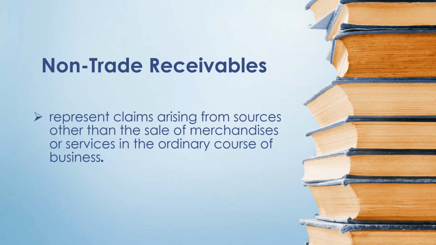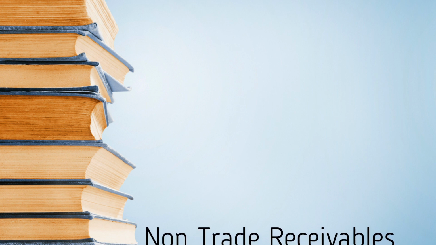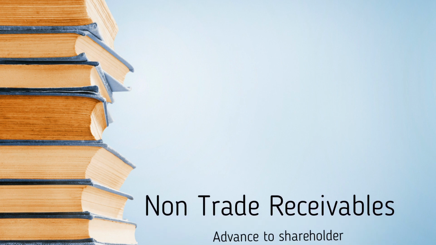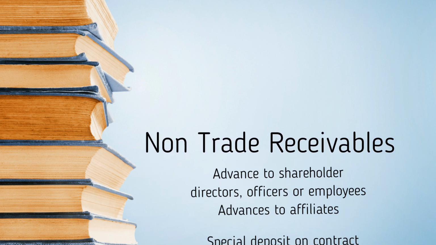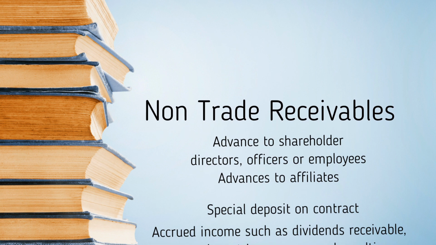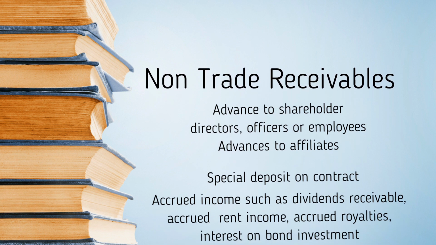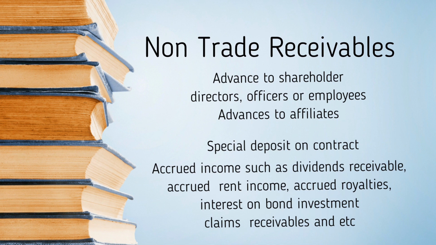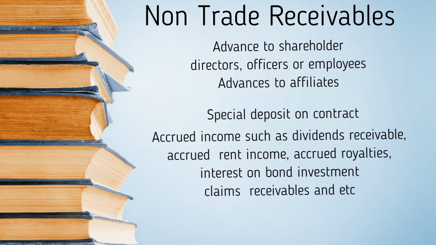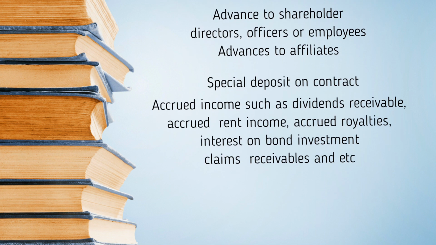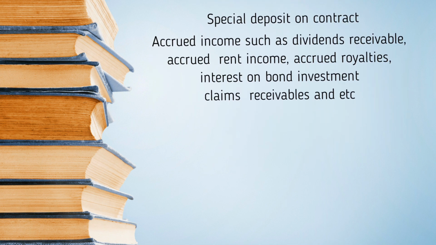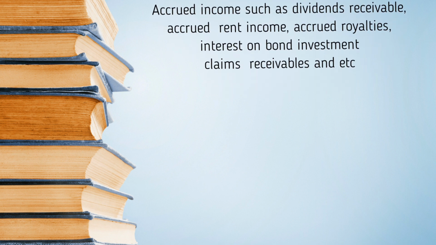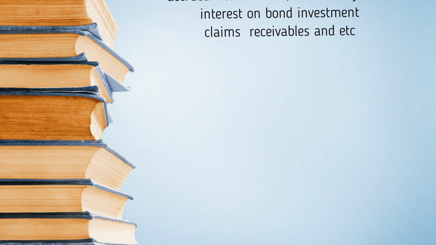A few examples of non-trade receivables are as follows: advances to shareholders, directors, officers, or employees, advances to affiliates, special deposits on contract, accrued income such as dividends receivable, accrued rent income, accrued royalties, and accrued interest on bond investment. Claims receivable such as claims against common carriers for losses or damages, and many more.